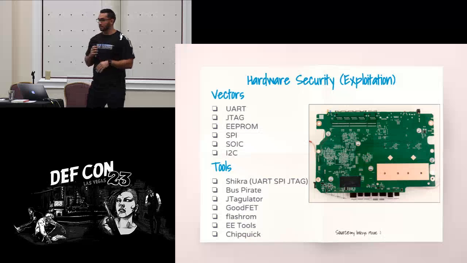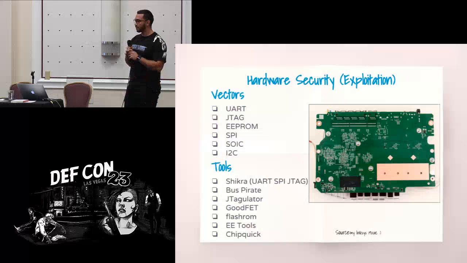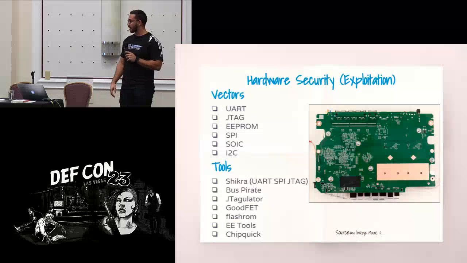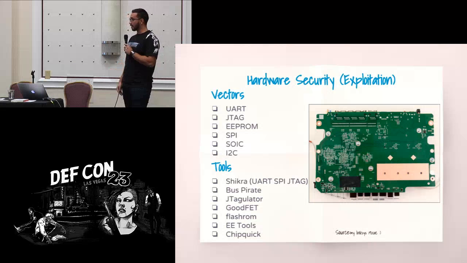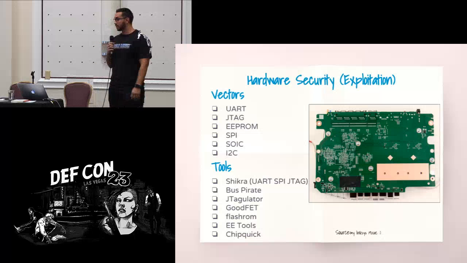So here's the attack surface. I'll start from the low level, which is the hardware. You have things like UART, JTAG, the EEPROM chip, SPI, SOIC, and I2C buses, and you also have the tools to manipulate these.